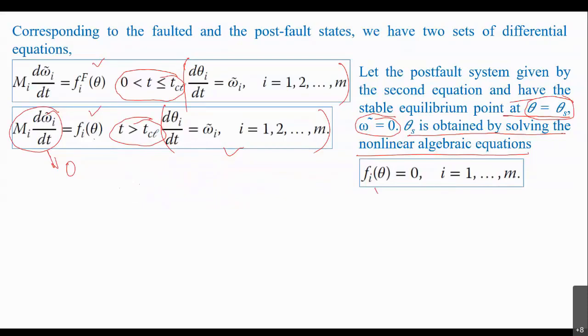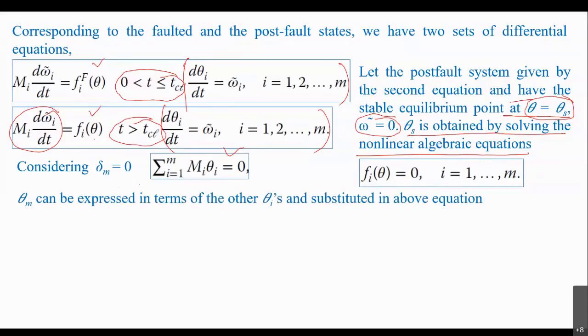So if sum of Mi theta i equal to 0 for i equal to 1 to m, and considering delta m, the angle of the infinite bus machine, equal to 0, then theta m can be expressed in terms of other thetas and can be substituted in this equation.